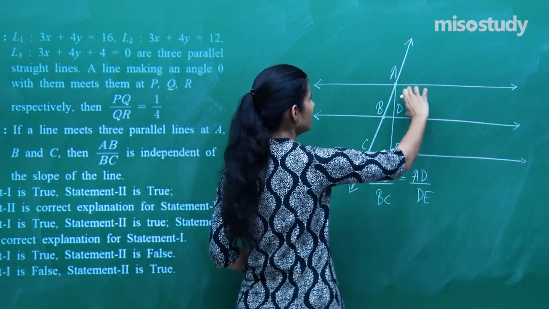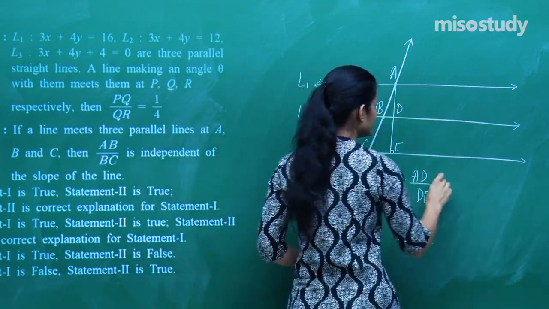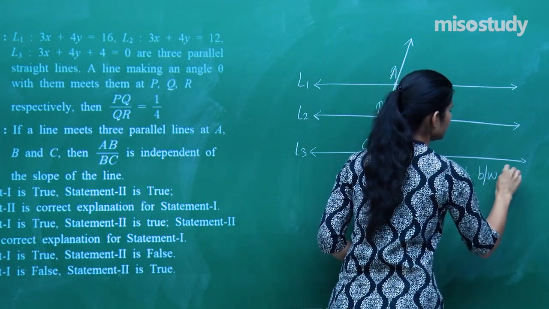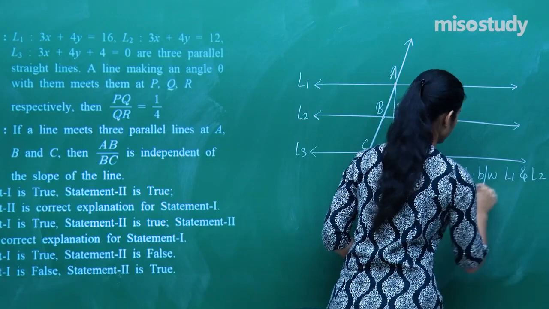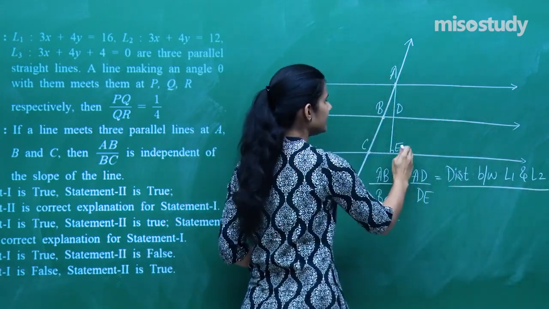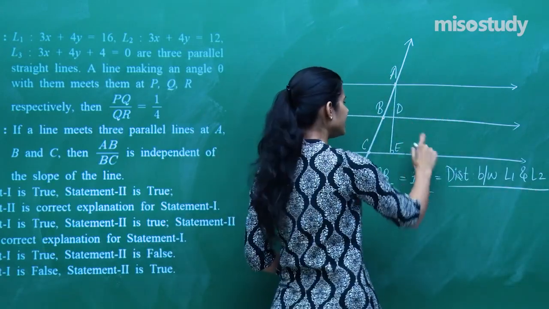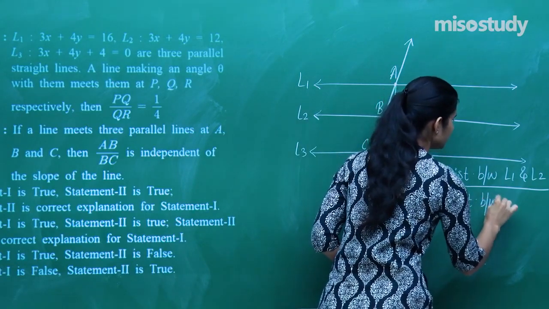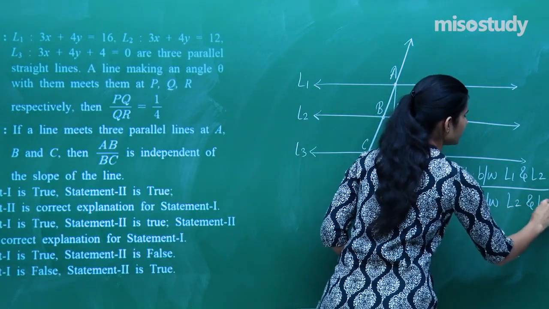Right? What is AD? It is the distance between L1 and L2. And what is DE? Distance between D and E is same as distance between L2 and L3.